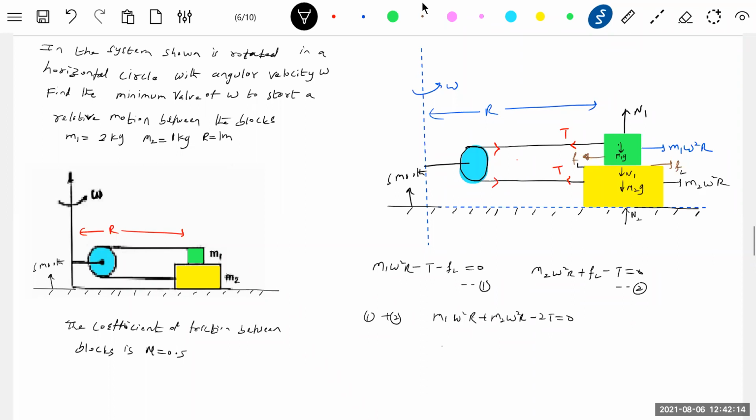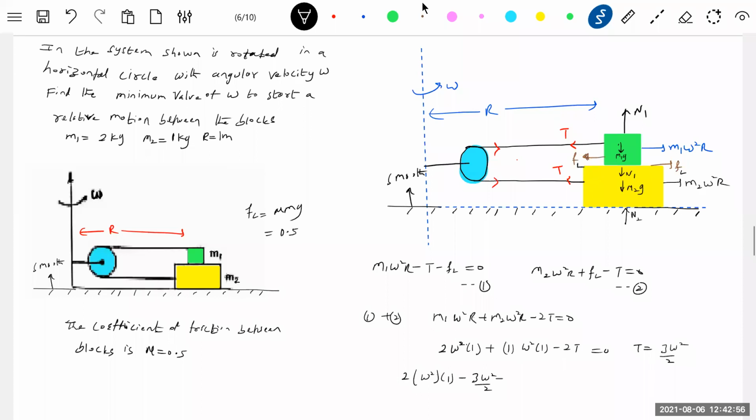M1 value we know. Let's substitute all the values, avoiding unnecessary calculations. Omega we don't know. r is 1. Omega square r is 1, minus 2T equals 0. So tension will be 3 omega square by 2. I'll substitute it in any one equation: 2 omega square r minus 3 omega square by 2 minus fL. What is fL? fL is equal to mu m g.